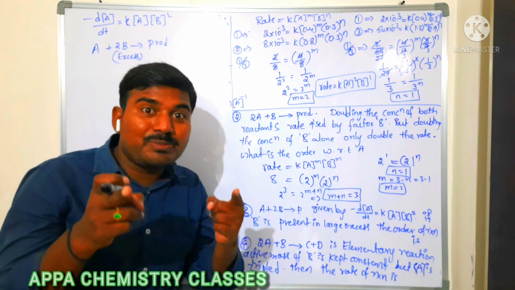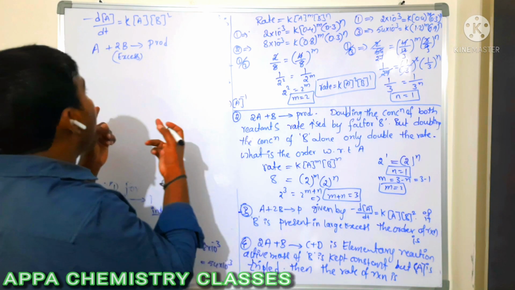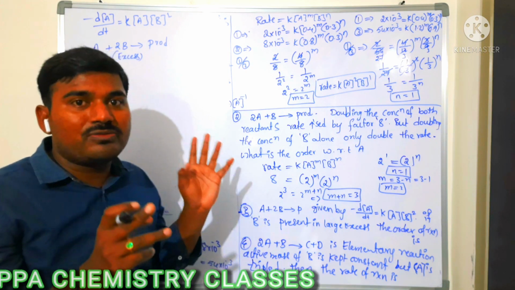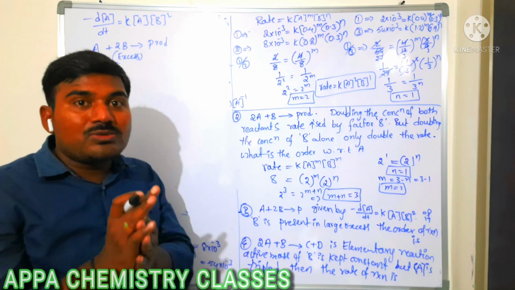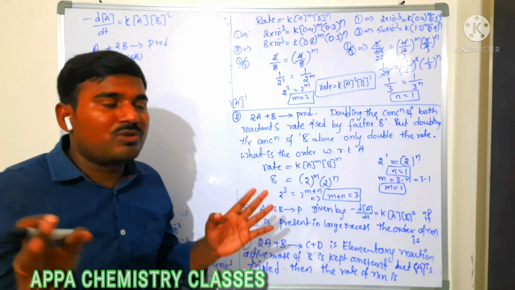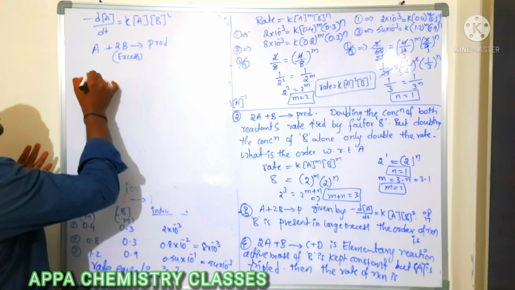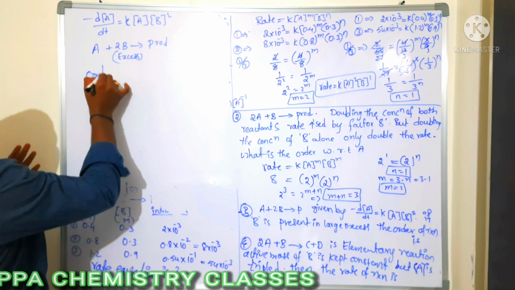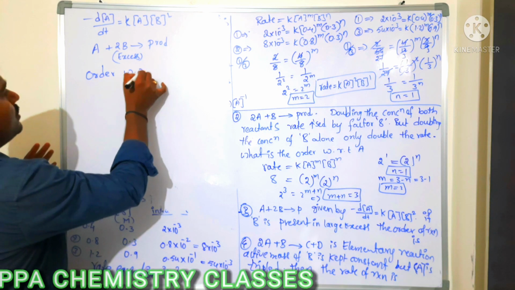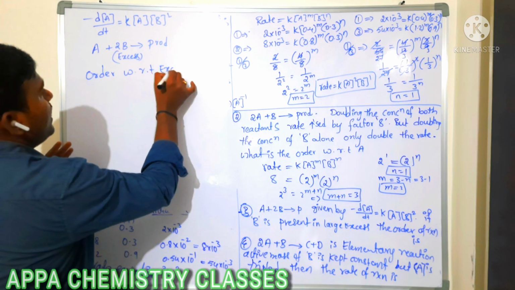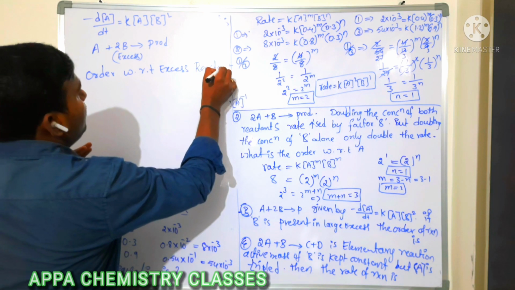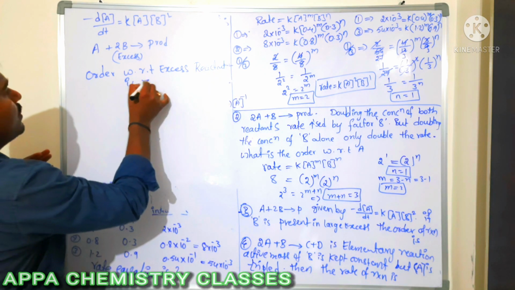Means rate is depending on which factor? Rate is depending on the concentration of the smaller quantity of reactant only. So the large quantity of reactant is not affecting it. So for that reason, we can take that the order with respect to excess reactant is 0.